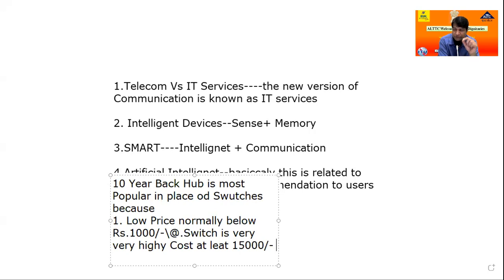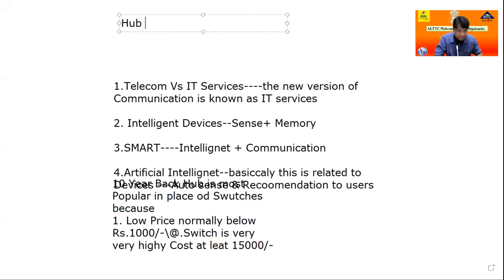But the question is, why was the switch rate high in the earlier time? Because the switch is known as an intelligent device, and the hub is a non-intelligent device. Which is the intelligent device?